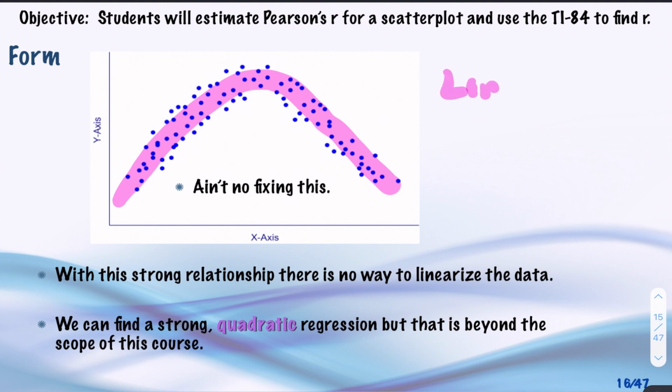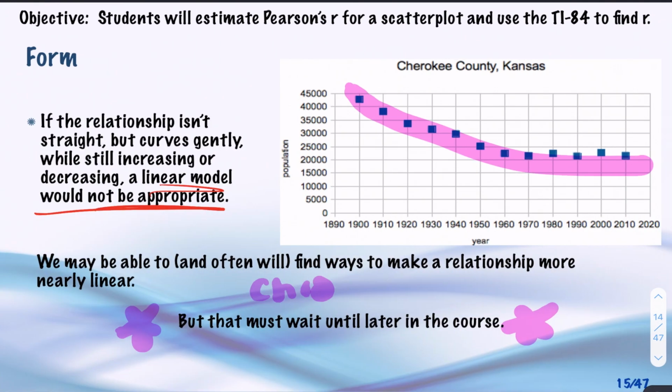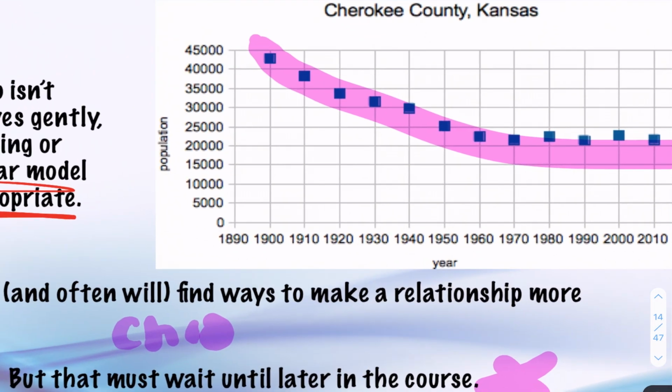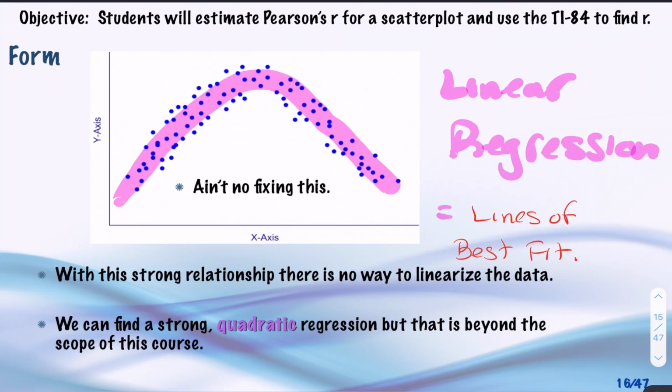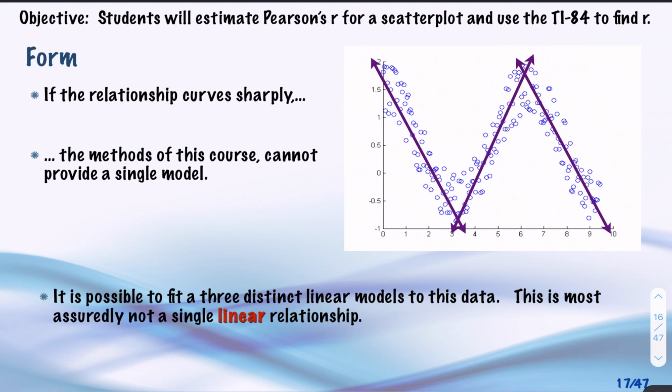Again, we are focusing on linear regression models, or lines of best fit. We're not going to fix something like this, but we can fix something that is curvilinear, if just a subtle adjustment would work. And then lastly, in terms of this form, is it linear or not?